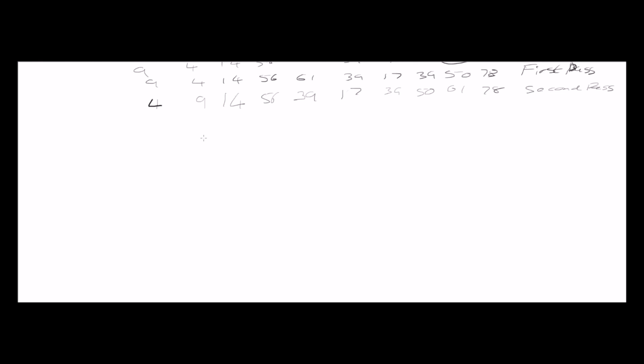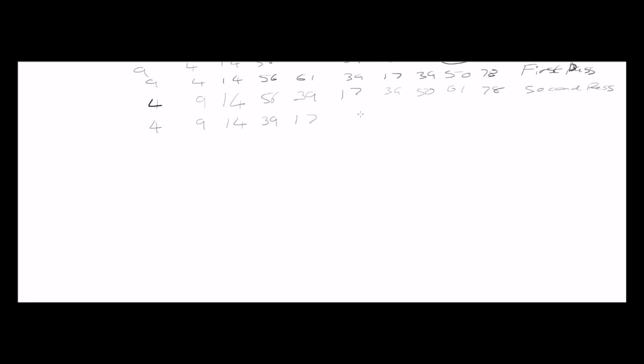And we can see that the list still isn't sorted because we've got, for example, 56 here, 39 there, that's not in order. So we're going to have to do another pass. We can start comparing our numbers again. So 4 and 9 would stay in the same place, 9 and 14 would stay in the same place. But 56 and 39, they would swap. So 39, so 17.